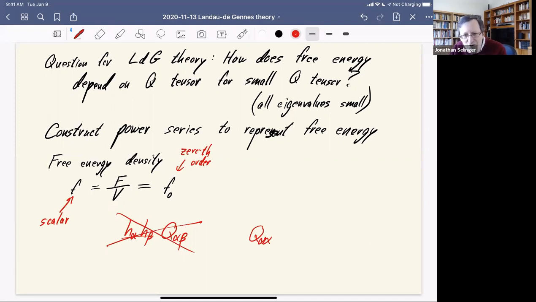The bad news is it's zero, because this is, as we talked about a little while ago, the trace of Q, and Q has trace equal to zero. So there just isn't anything that can go there. There's no first order term.